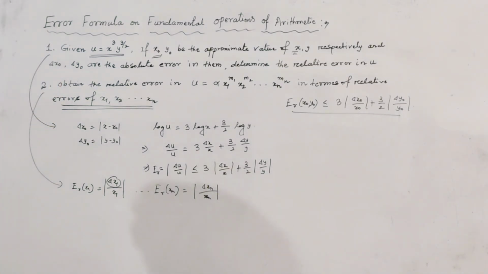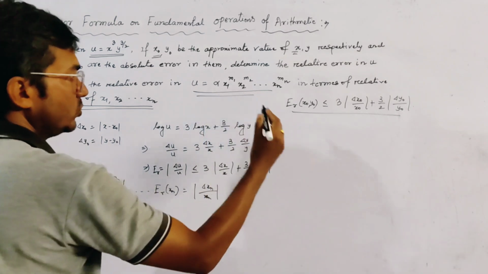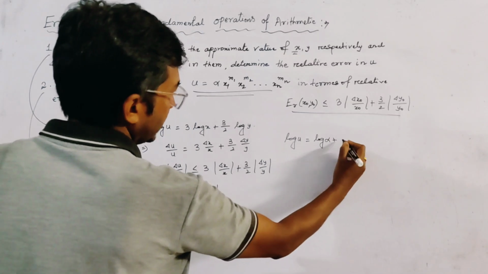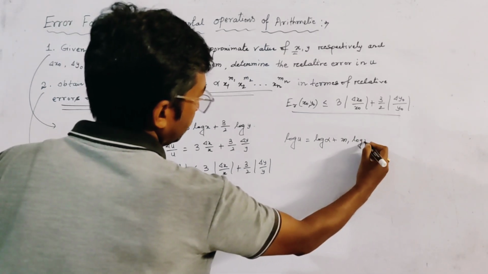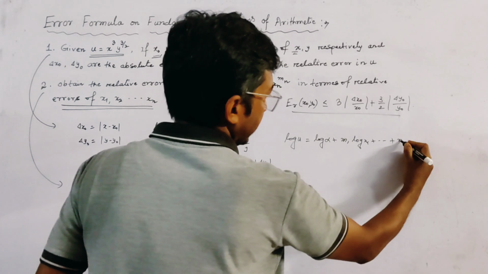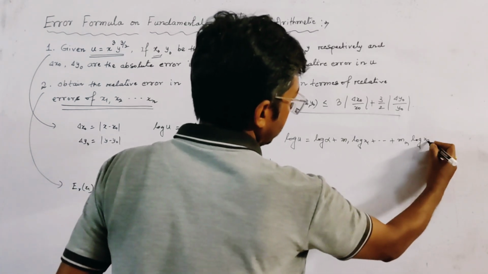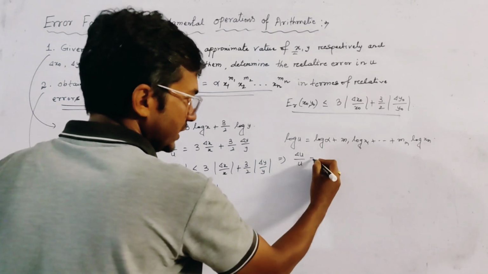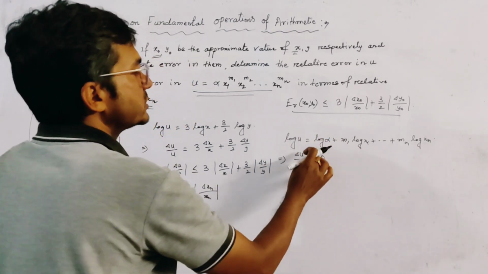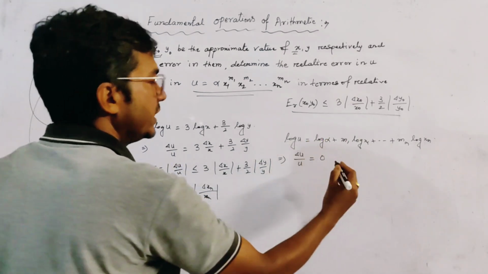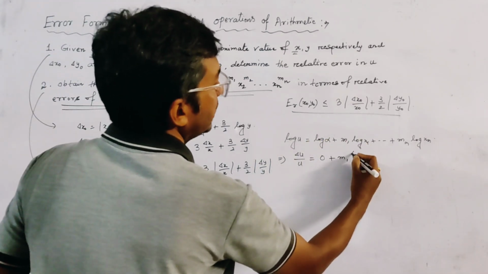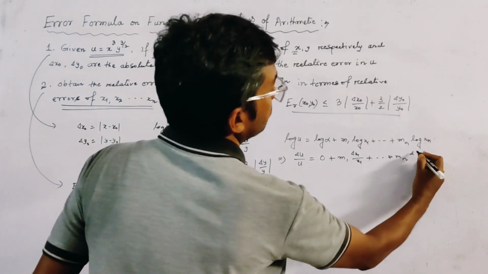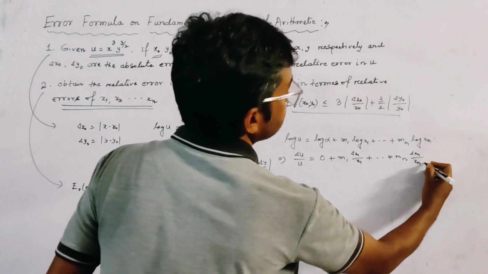Now we take the logarithm on both sides, and we get log u = log alpha + m1 log x1 + ... + mn log xn. Now we get delta u by u = 0 for the first term, because alpha is constant so delta alpha is 0, plus m1 delta x1 by x1 + ... + mn delta xn by xn.